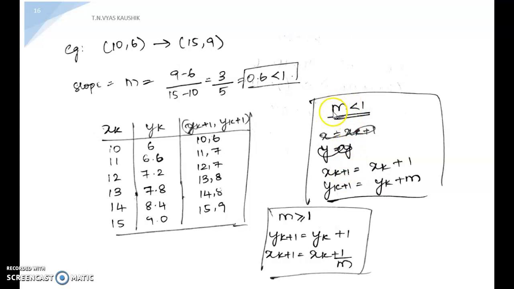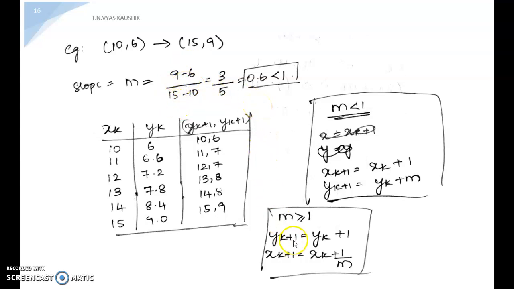Just remember, when m is less than 1, the del x value is greater than the del y value, that is, the denominator is greater than the numerator. At that time x must be incremented by 1 and y must be incremented by the slope value. This is the formula for when the slope is less than 1. When the slope is greater than or equal to 1, suppose it is 1.2, then we know that the del y value, that is the numerator, will be greater than the denominator value.